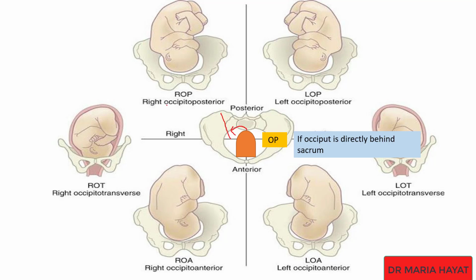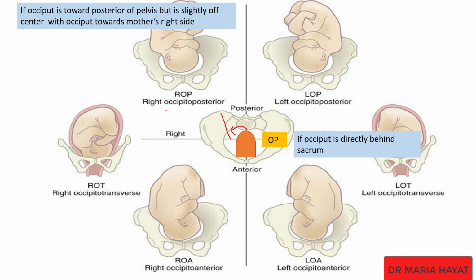Now, in right occipito-posterior position, the occiput is slightly away from the center, meaning the occiput is behind the right sacroiliac joint. So in right occipito-posterior position, the fetal occiput is slightly towards the right side.